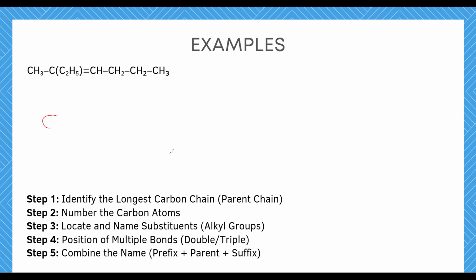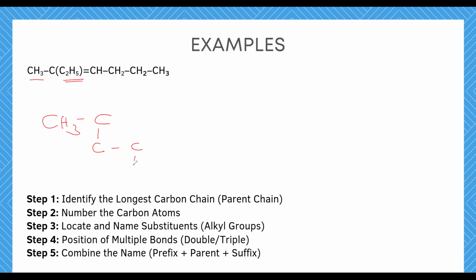This is CH3, the first one over here, right? Yes, sir. Good. And then the next one we have C, right? Yes, sir. Good. And then this is the branch, C2H5. Let's draw it. One carbon atom, two carbon atoms, right? Yes, sir. How many hydrogen atoms?